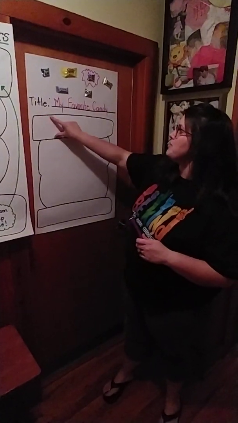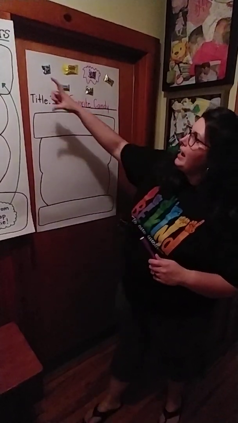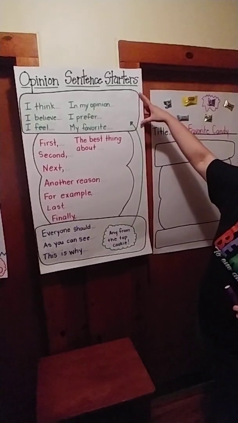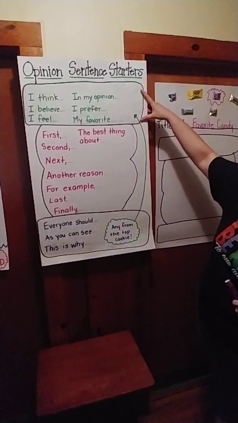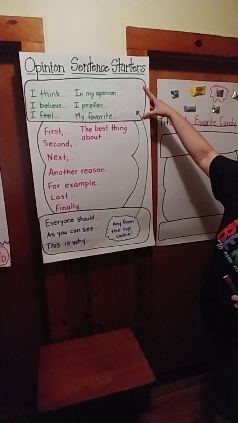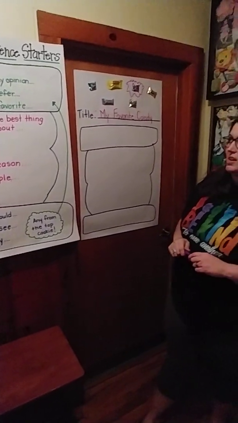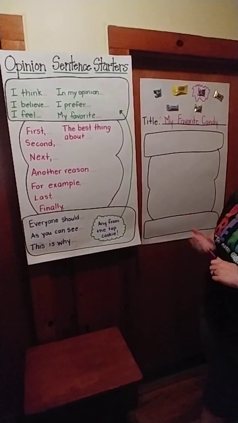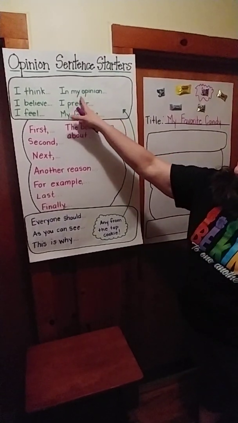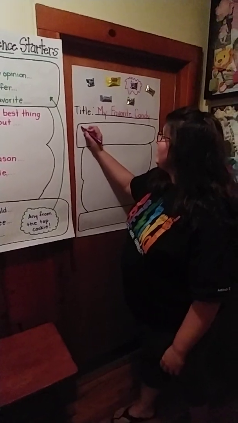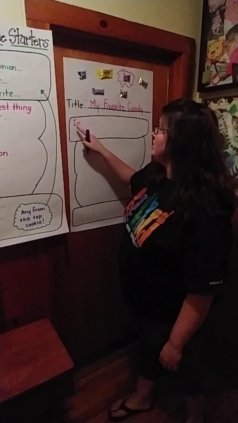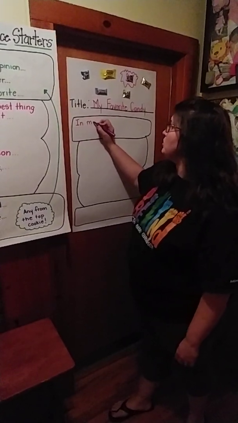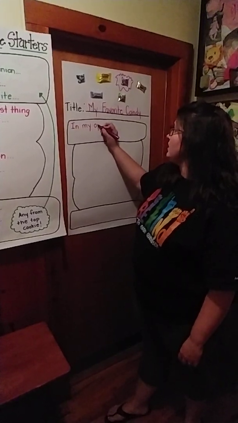So right here, remember this is my top cookie. And I told you, remember we've got some sentence starters that can help us start to write about our opinion. So I am going to pick something different than I think and I believe. I just want to say, in my opinion, I like that one. And I'm just going to copy it. Start with a capital letter. Remember your writing rules. In my opinion.